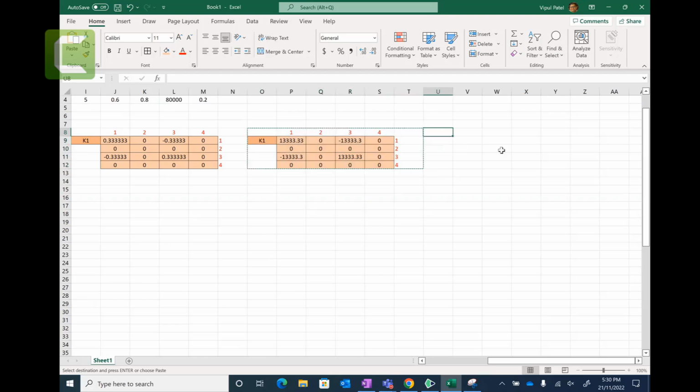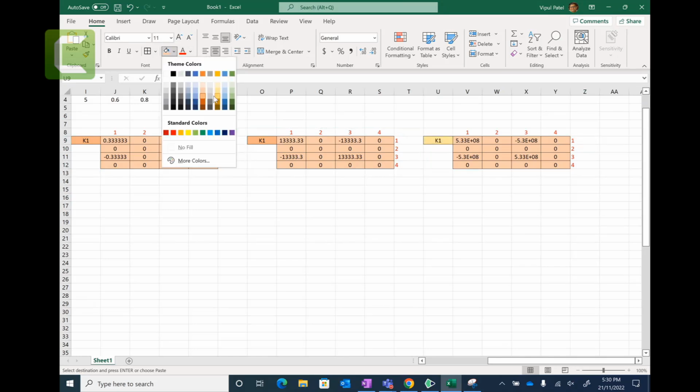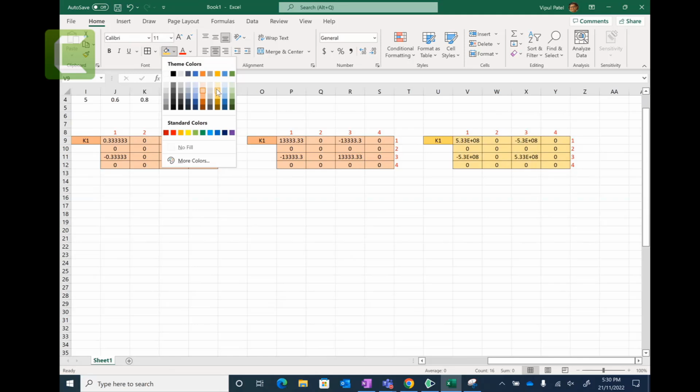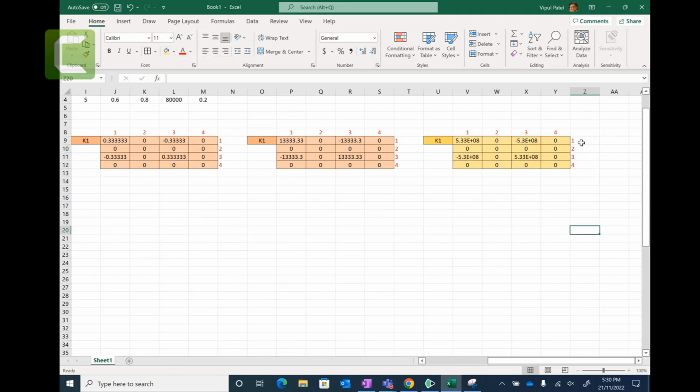Control C, Control V, and let's make a different color here, let's make it yellow. Here we will have 5 and 6, because we need a 6 by 6 matrix. And let's use the same format as these guys here.